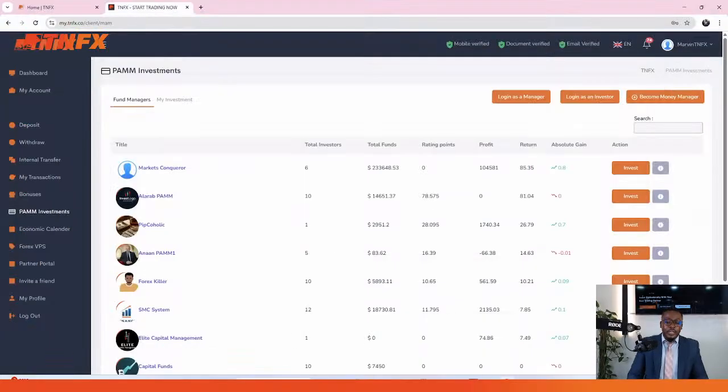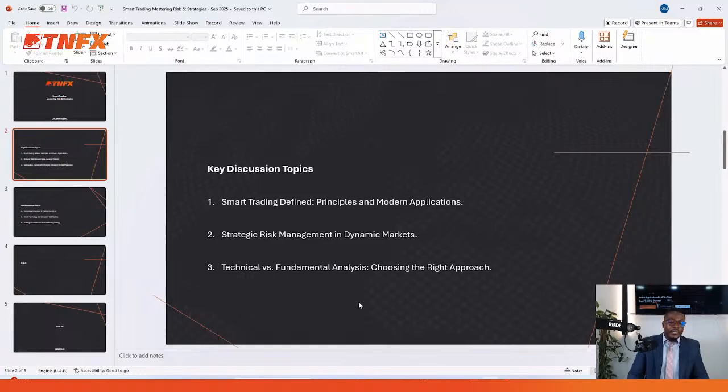As simple as that. So that is you taking advantage of the strategic risk management in the dynamic market, right? Then we're going to move to the third point, which is technical versus fundamental analysis, right? Choosing the right approach.